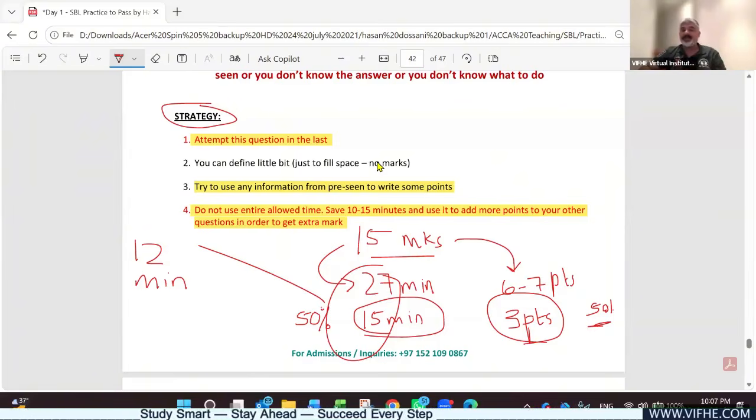Remember, there might be a question which you left incomplete because the allowed time was up. Right? There will be an easy question which you left because time was up. Go back, complete those easy ones. At least you will get some marks there.